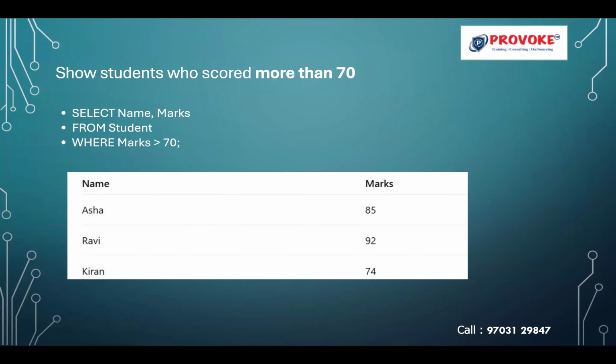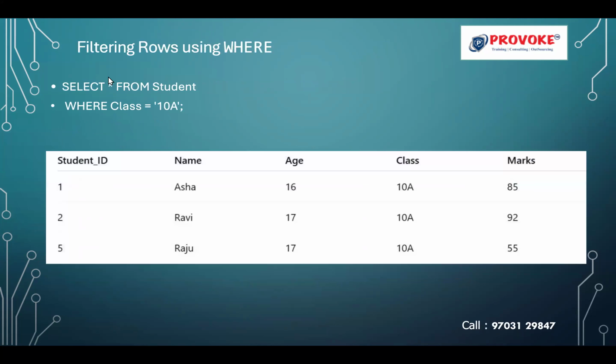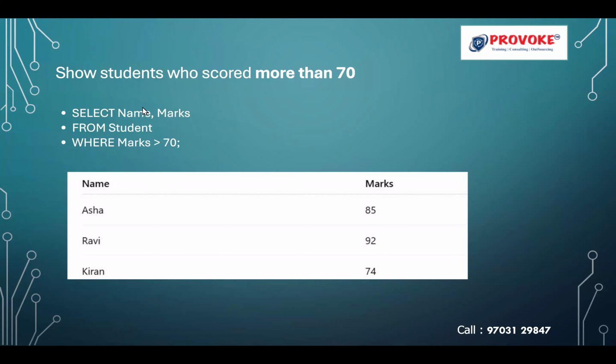Next is show students who scored more than 70. I'm going to select name, marks from student table where marks is greater than 70. In the previous query, I was selecting all the columns, whereas in this query, I'm selecting only a few columns from the student table where marks is greater than 70.